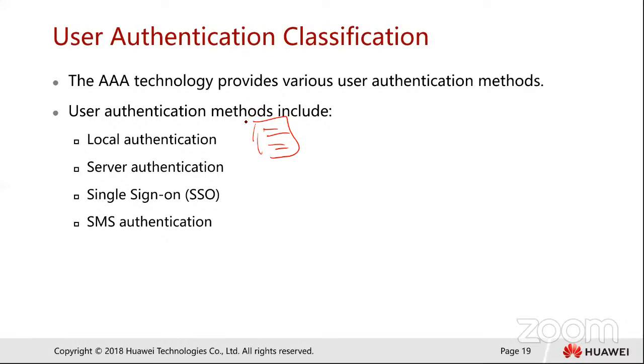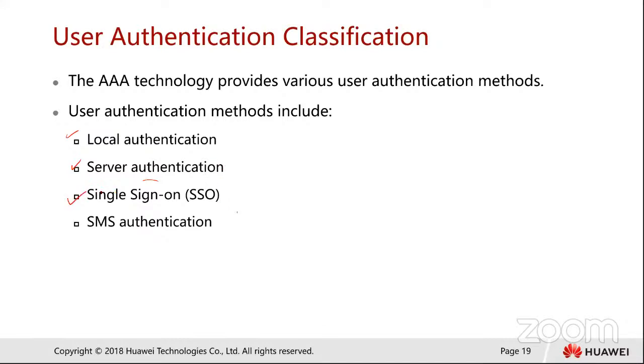And with server authentication, a user sends the login credentials that identify the user to the firewall through the portal authentication page. The firewall does not store the password, but instead sends the username and password to a third-party authentication server like the RADIUS server to perform the authentication. This method is what we are calling the server authentication method.